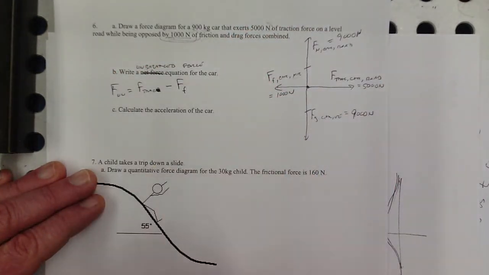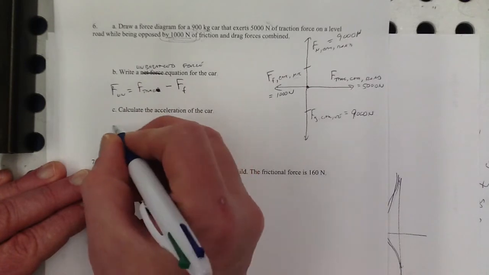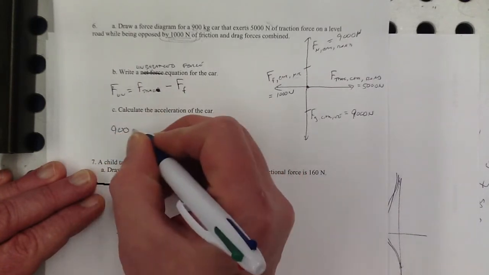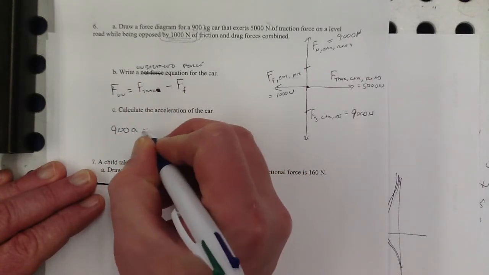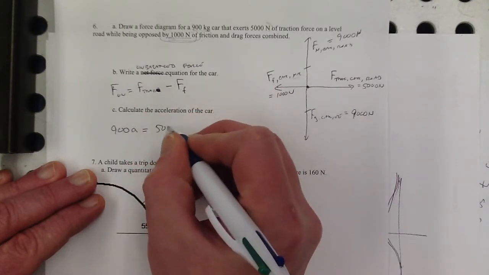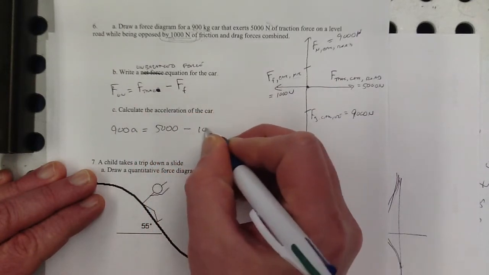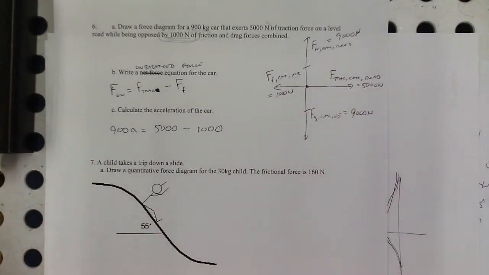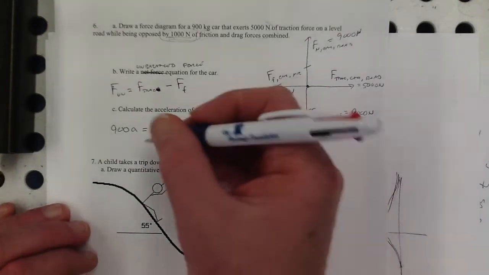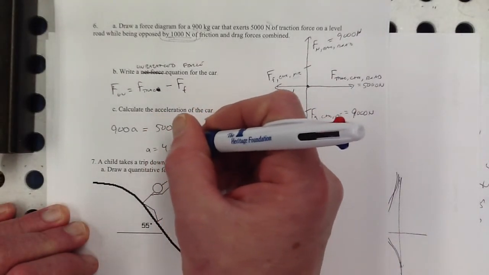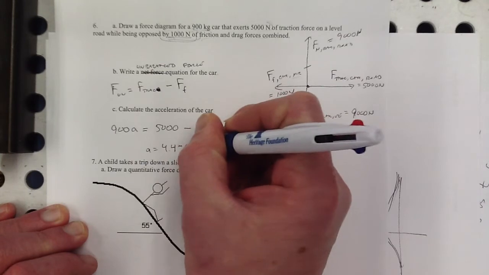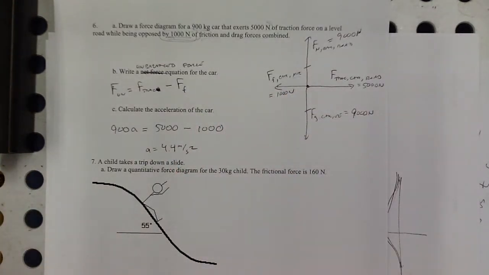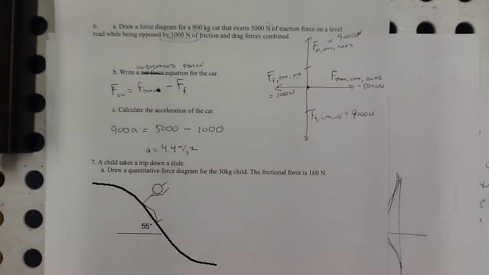So calculate the acceleration of the car. So the mass of the car times acceleration is equal to traction minus friction, and that gives me an acceleration of about 4.4 meters per second squared. I pushed some buttons on my calculator to do that.